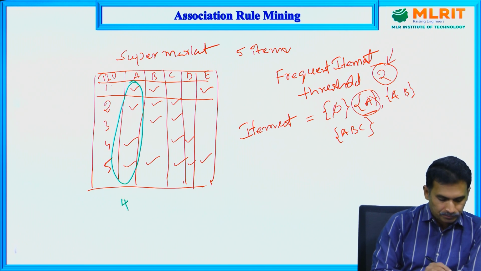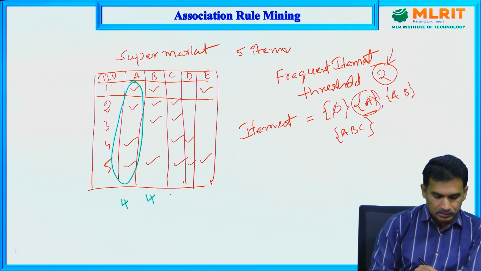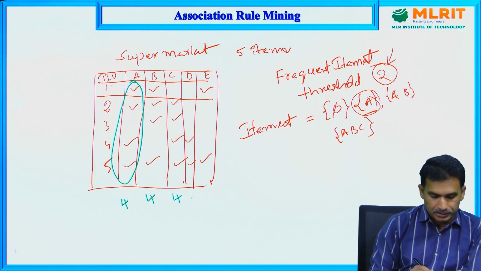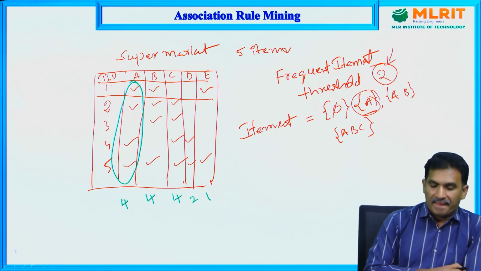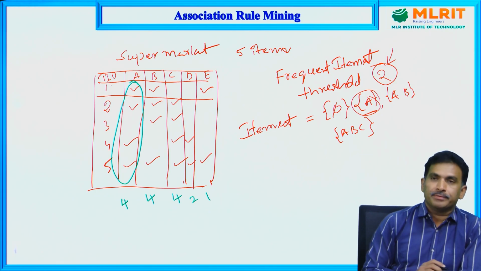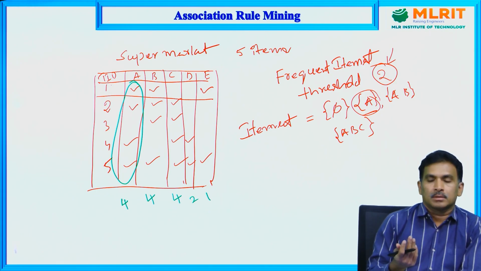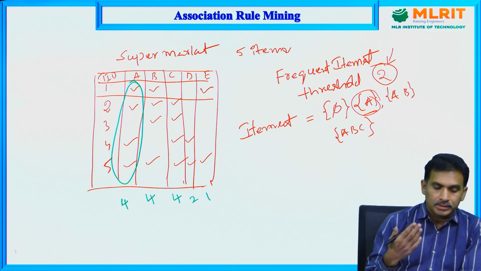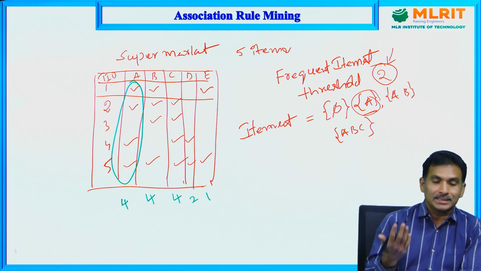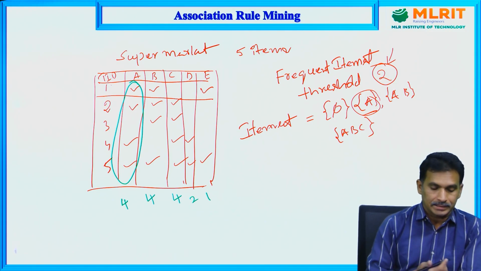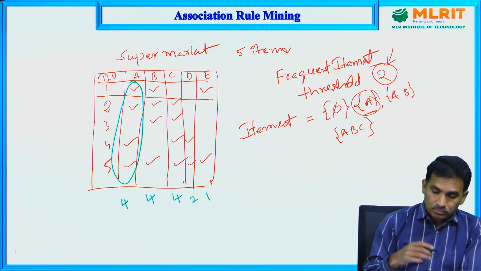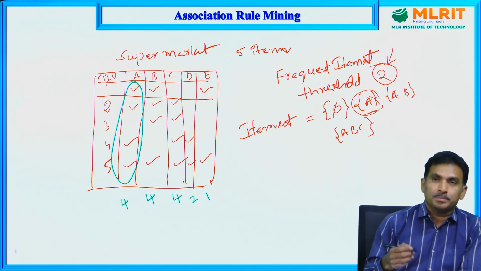Similarly, item B appeared in 4 and C also appeared in 4. D appeared in 2 transactions and E appeared in 1 transaction. So we are interested to find the items which appeared more than 2 transactions, or more than 3 transactions, more than 10 transactions, or we could also express it in terms of percentage.